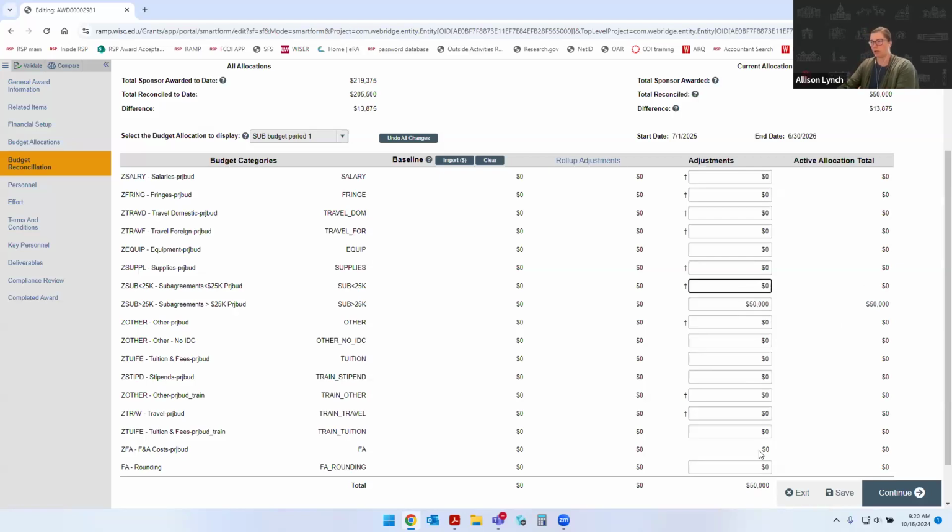That will not calculate the appropriate indirect rates. So although we've reconciled 50,000, it's not populating the indirect rate correctly here. So it's very important that we split out the 25,000 to automatically calculate the associated UW indirect rate.